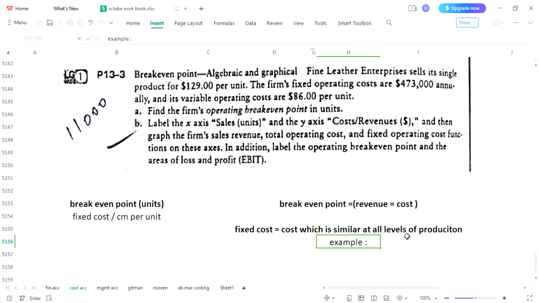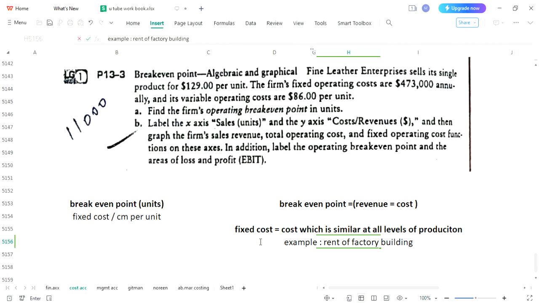Let's say you are related with a manufacturing concern and that factory is working in a building which is on rent. So rent of the factory building is an example of your fixed cost. Now please understand, if 10,000 workers are working in that building or 5,000 workers or 2,000 or even no worker is present over there, you will have to pay rent, a fixed amount would be paid as rent.